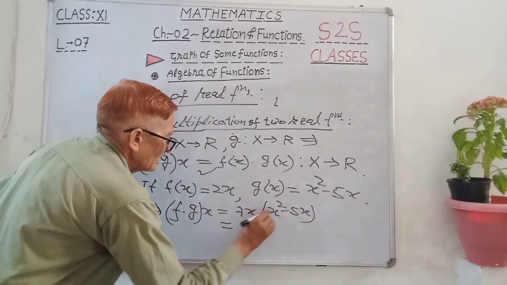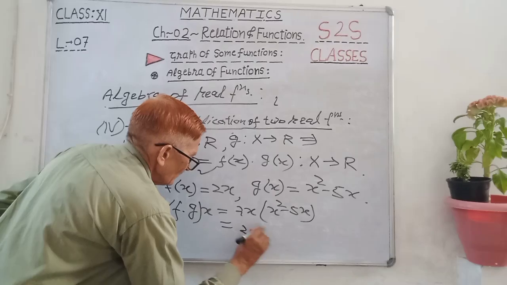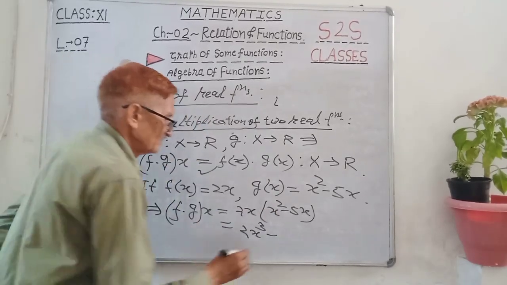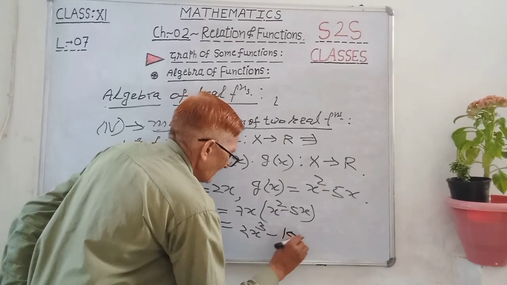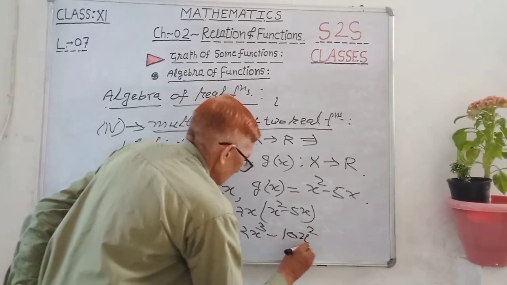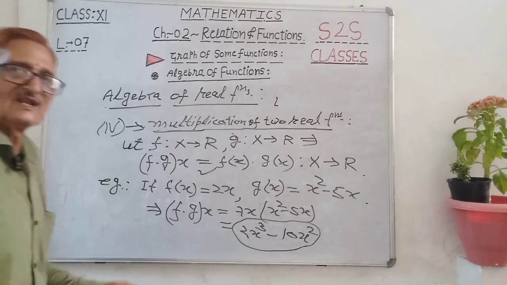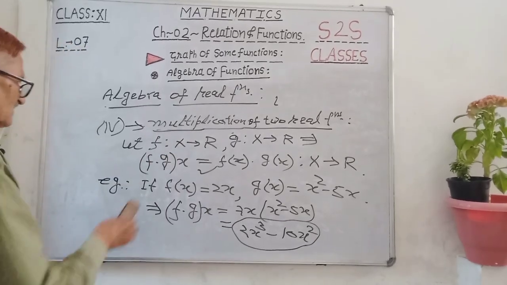Multiply 2x into x: 2x³, minus 2x into 5x, which is 10x². So this is the product of the two real functions, this example.